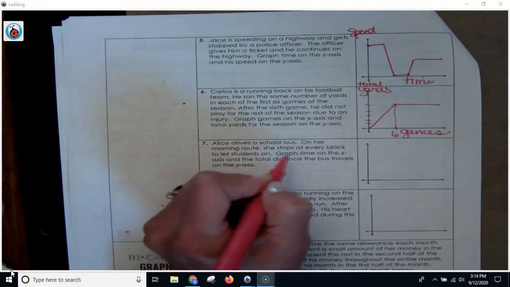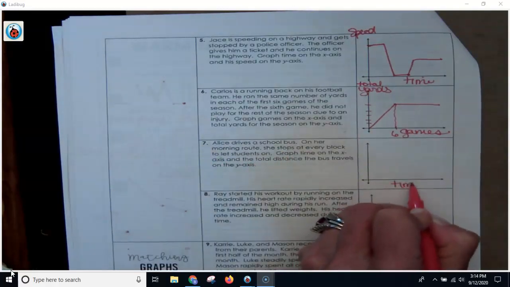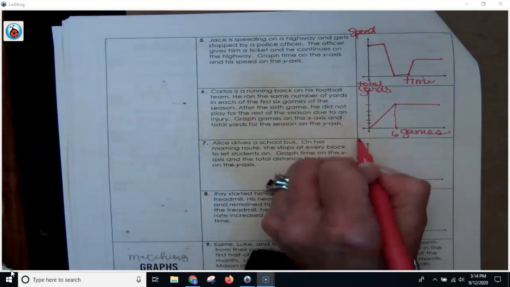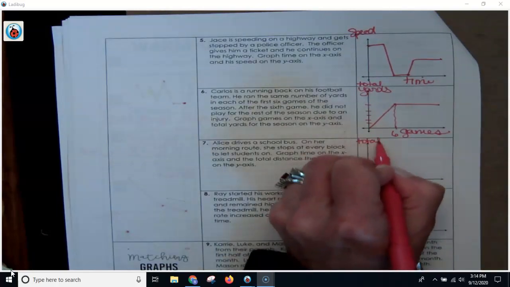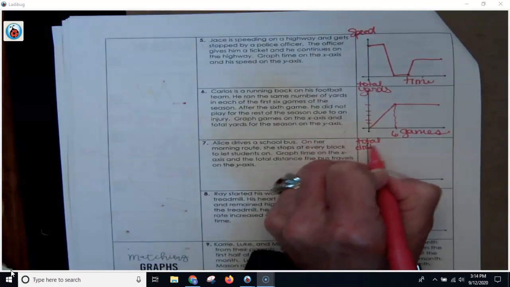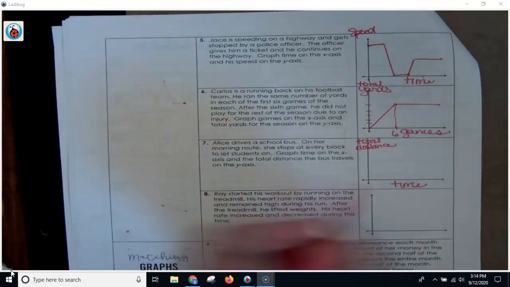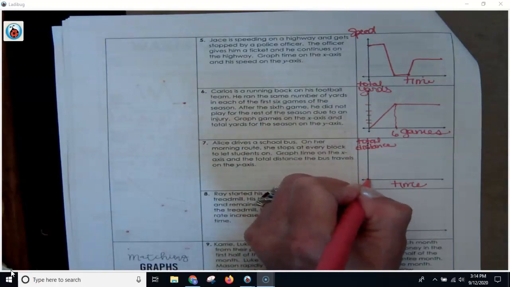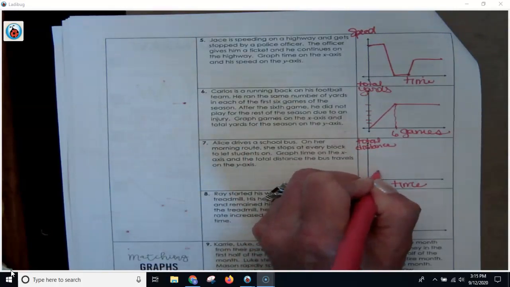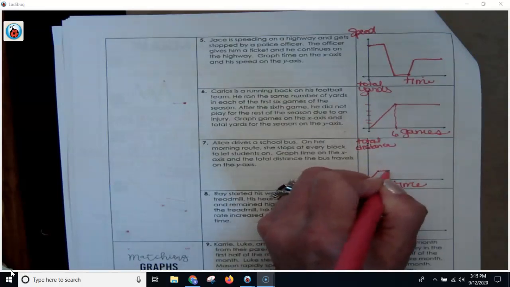All right. So when Alice drives a school bus on her morning route, she stops at every block to let students on. If time is on the x-axis and total distance, you have to be careful as to what they're asking. Total distance is here. Let's see what that would look like. Well, you'd start out here and you'd kind of go and then you'd stop. You're not increasing your distance, but you're increasing your time.